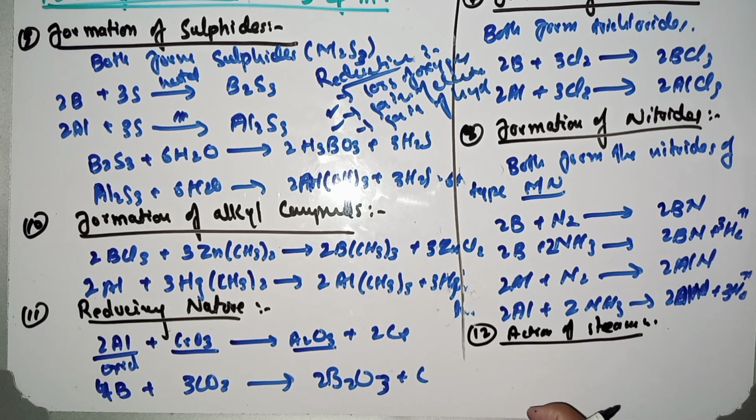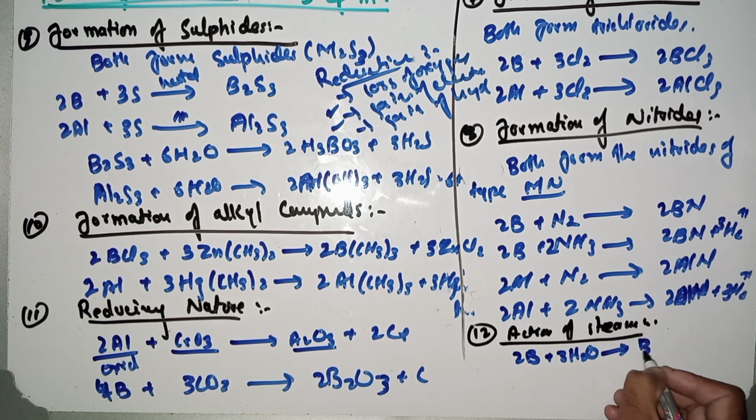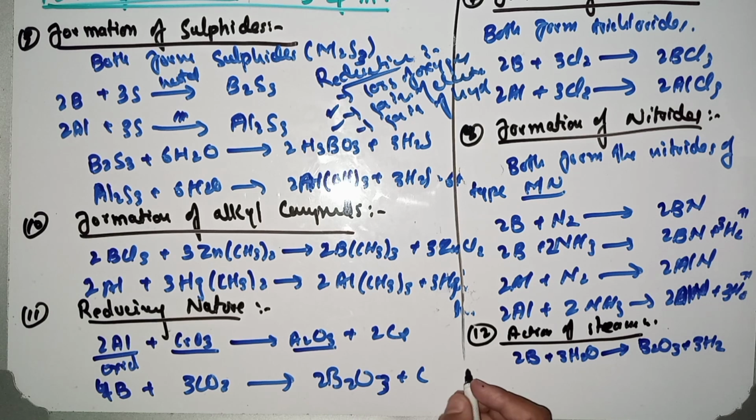Red heat means that at very high heat, water can convert into steam. At that point, both boron and aluminum can react with steam and produce boric anhydride, and hydrogen will also be evolved. Aluminum can be decomposed by boiling water.